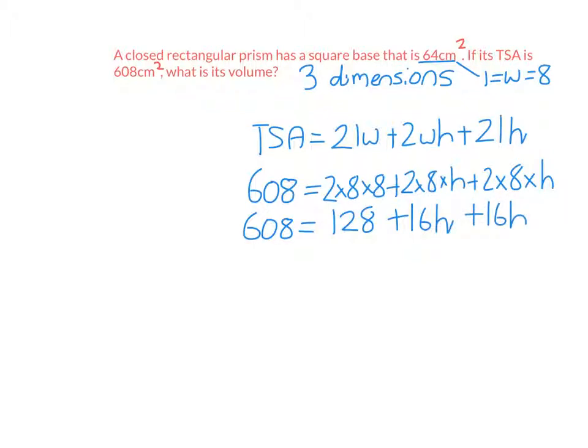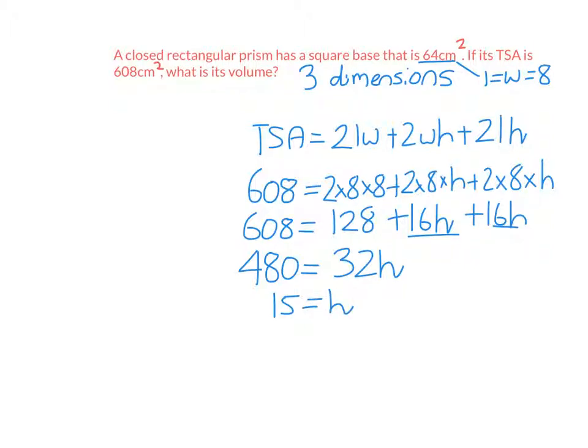I now have an equation that I can solve. So 608 minus 128 gives you 480, and of course 16h plus 16h is 32h. You know how to solve these. Divide each side by 32, you get 15 is the height.